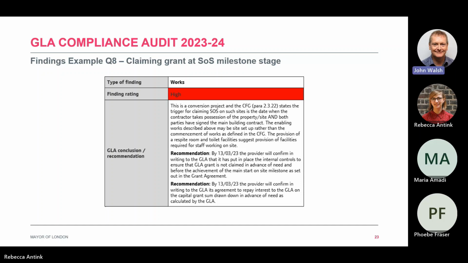It was through the audit report itself that it was found that the provider had only entered into the main build contract in January 2021. So the main build contract had been signed and dated over a month after the provider had claimed the start on site grant in ops on this scheme.